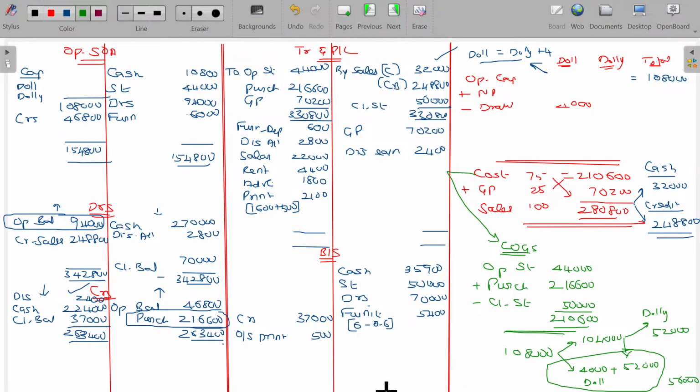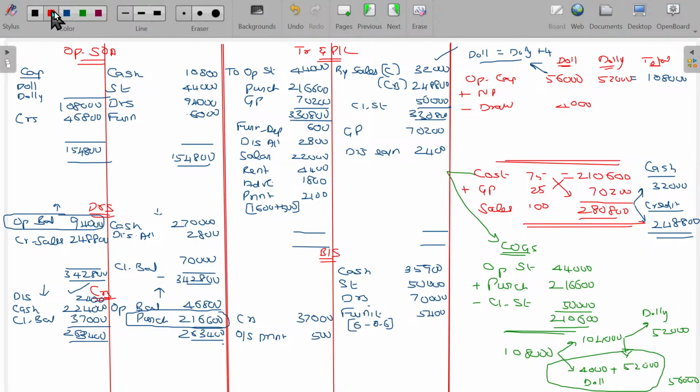In that, the difference 4,000 is removed, the balance is shared equally, and the higher value is added to the higher capital contributor. Here Doll is the higher capital contributor. Now opening capital for Doll being 56,000, Dolly being 52,000.